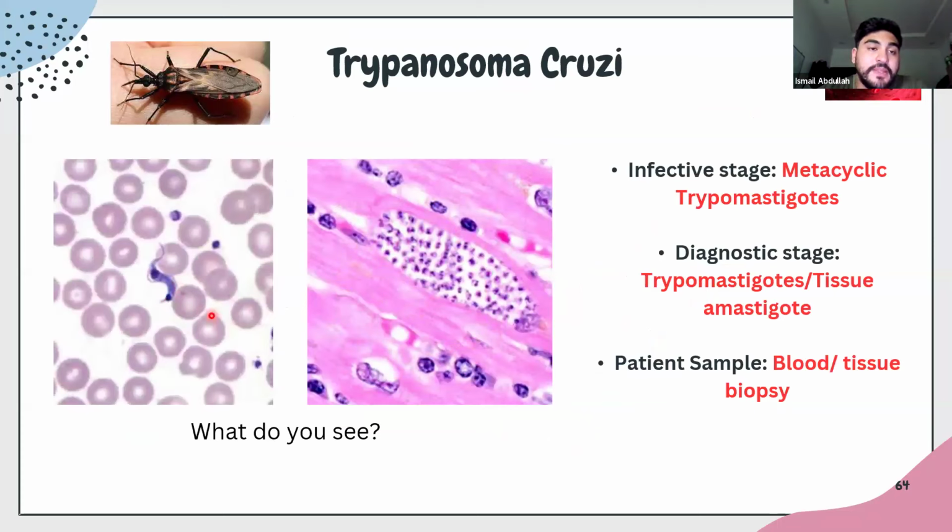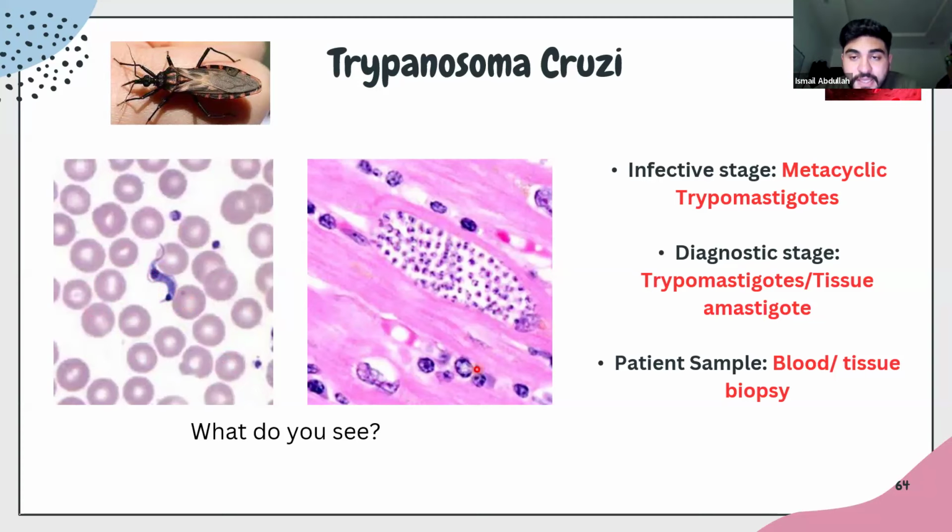This is the metacyclic trypomastigote. How would I say it's metacyclic trypomastigote? Because of the way it abnormally looks. Usually all the mastigotes that we've been through are large ones with flagella and all. This one is very irregularly shaped, because it's metacyclic. So metacyclic trypomastigote is the infective stage.